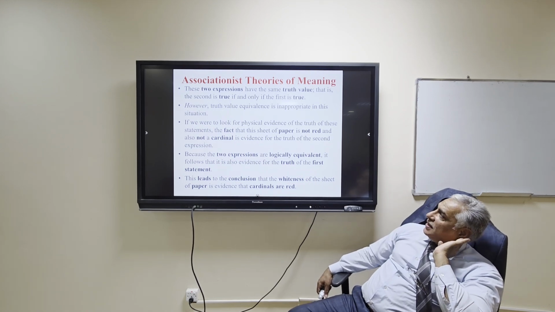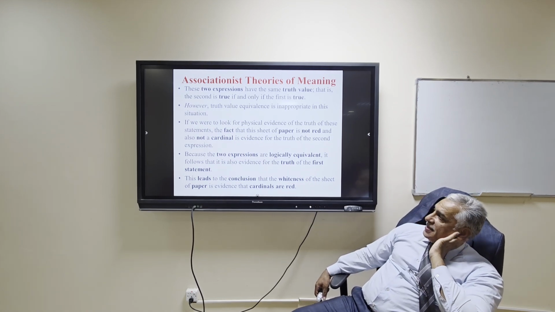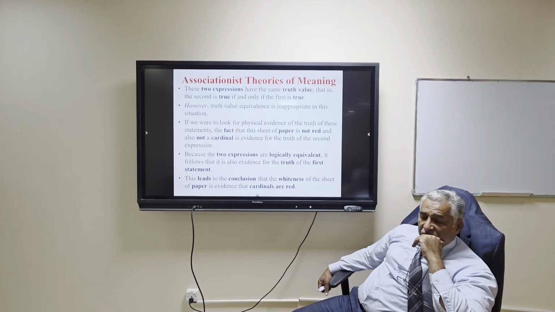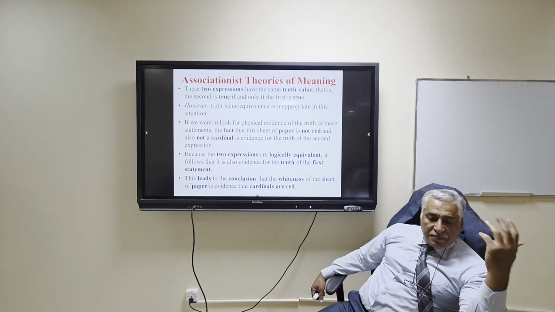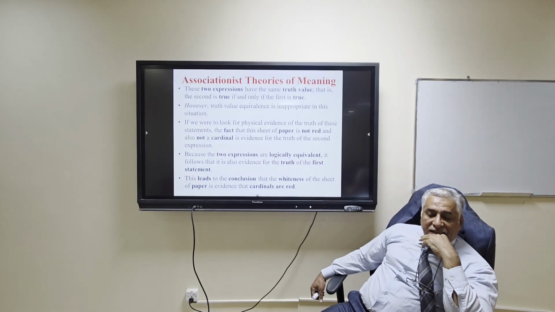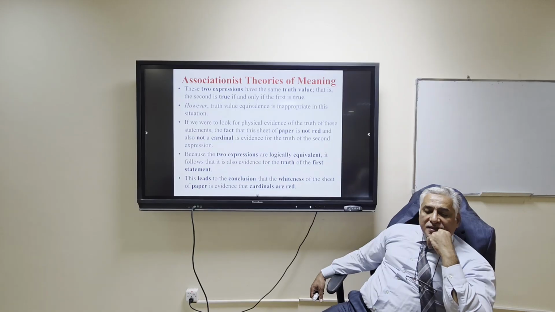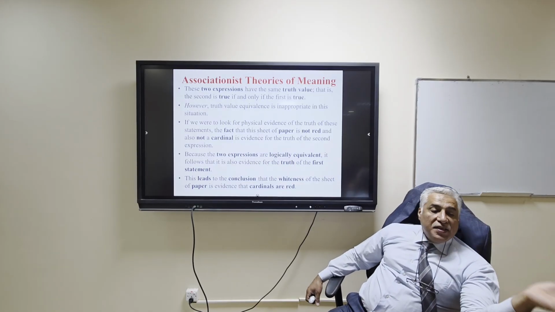However, truth value equivalence is appropriate in this situation. If we were to look for physical evidence of the truth of these statements, the fact that this sheet of paper is not red and also not cardinal is evidence for the truth of this expression.